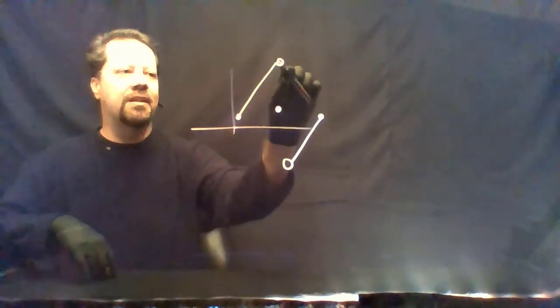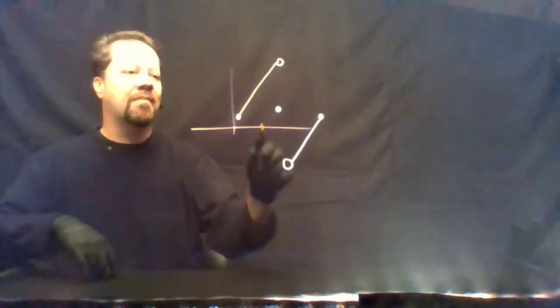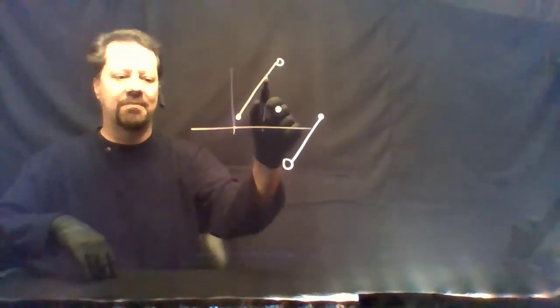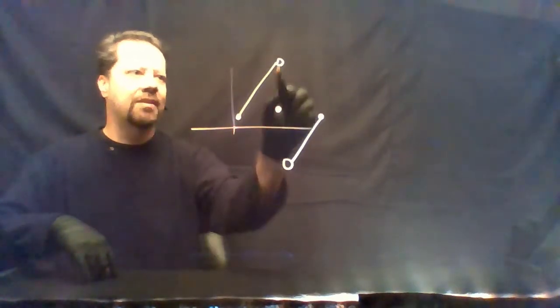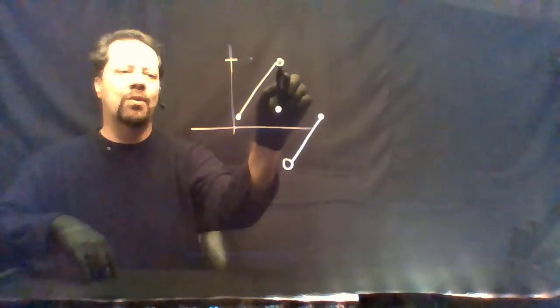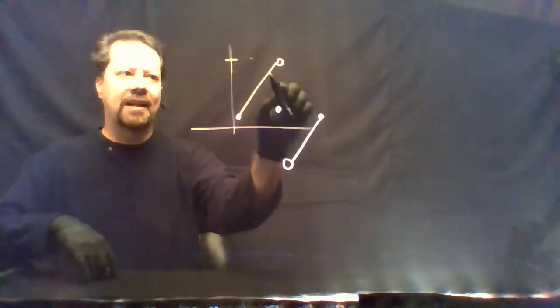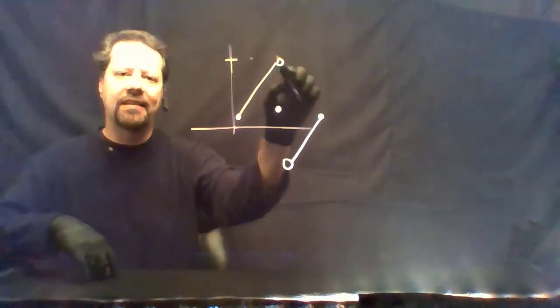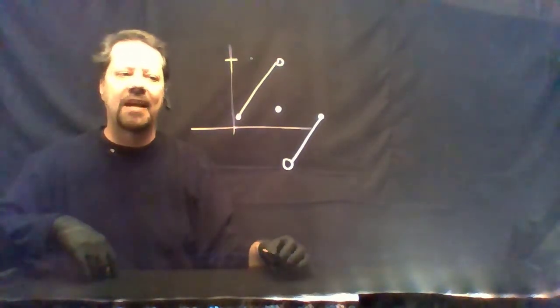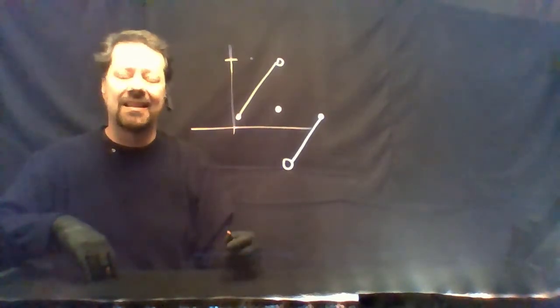This function does not achieve that maximum value. Where is that maximum? At which value of x? It seems like the maximum would fill this hole, but at that point you jump down. So there are points that get higher and higher, but there's no point that gives that upper bound, that maximum. The problem with this function is, of course, that it's not continuous.